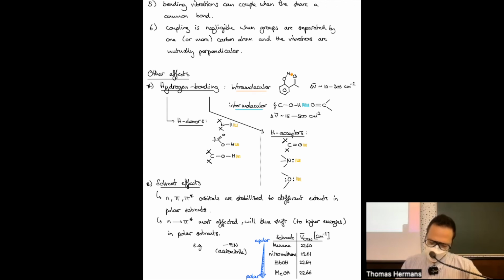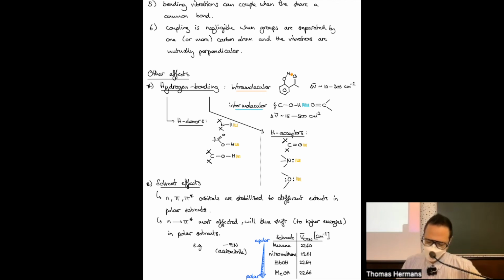So again, in general, you can have hydrogen bond donors. And many compounds can both be a donor and an acceptor. For example, water can be a hydrogen bond donor, and it can be a hydrogen bond acceptor.